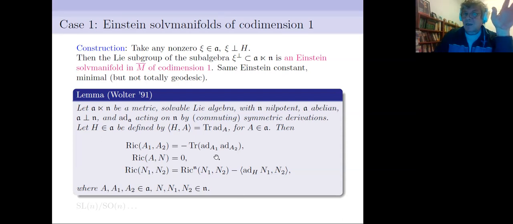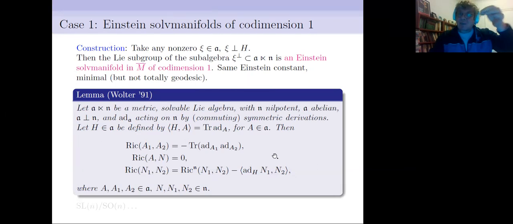So trace A1, A2 is still the same, trace of A1 and A2 is 0, and here Ricci n is only something depending on n, and h is still there because we chose psi to be perpendicular to h.